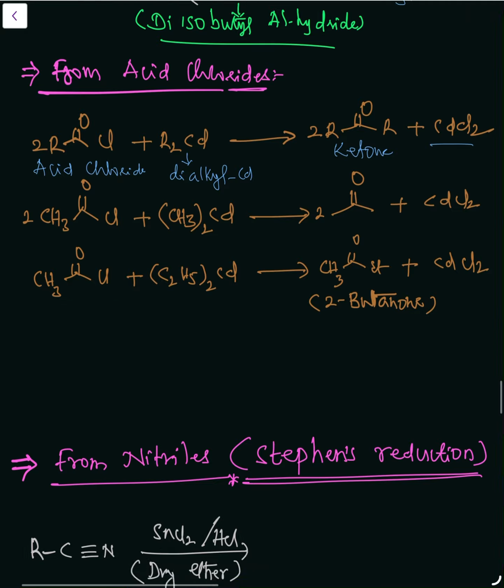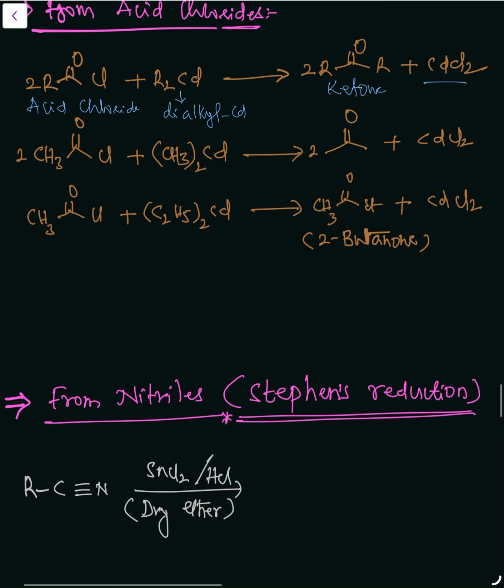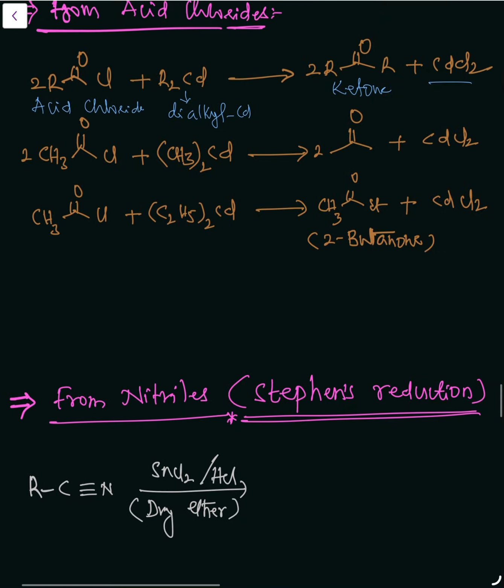2-butanone is formed. Right. Not only this, even aromatic ketones we can prepare. Let us see that reaction also. That is C6H5 C double bond O Cl. This is called benzoyl chloride.